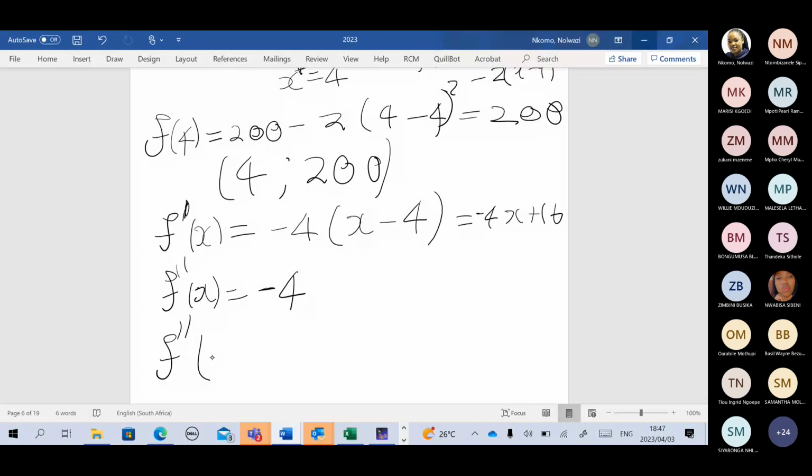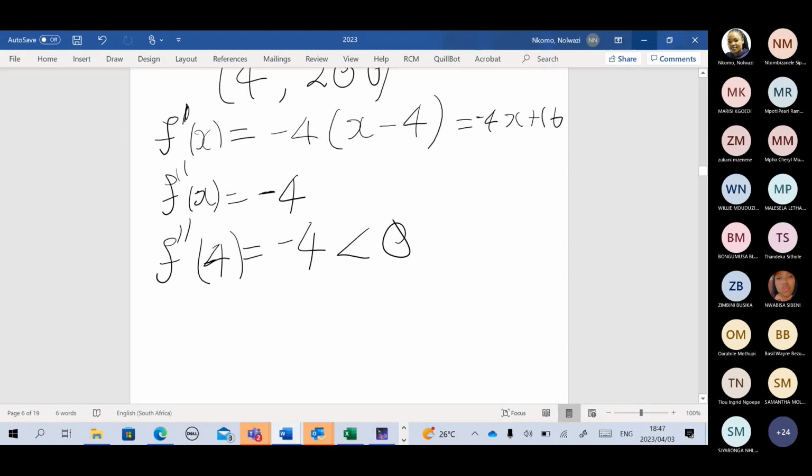We have, oh, it's plus 4. We have f double prime of 4 is equal to minus 4. And you see this minus 4 is less than 0, right?